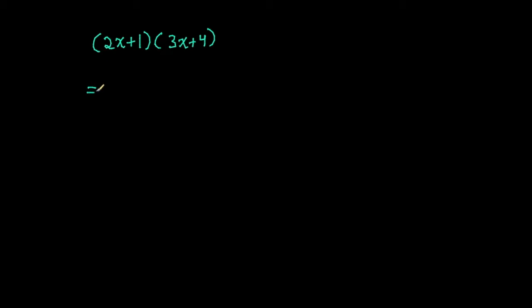So this is equal to, let's start with the 2x. Let's multiply 2x by 3x. So we have 2x times 3x, and then we add to that 2x times 4.